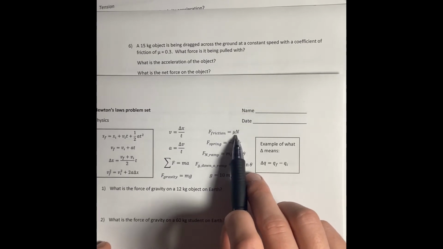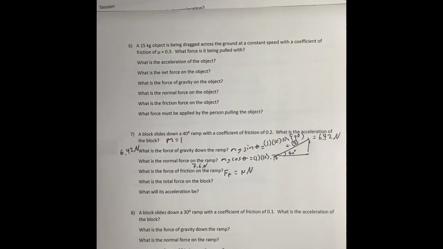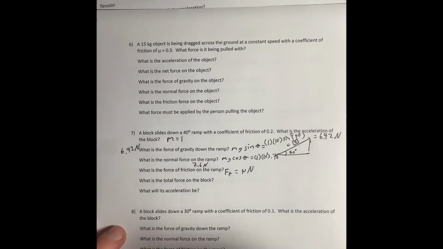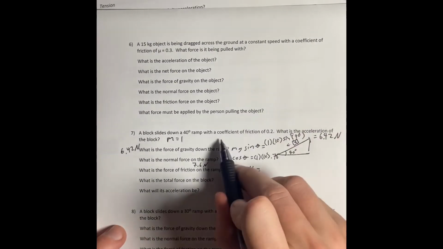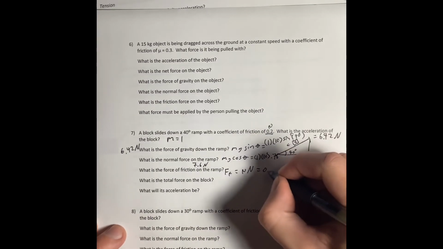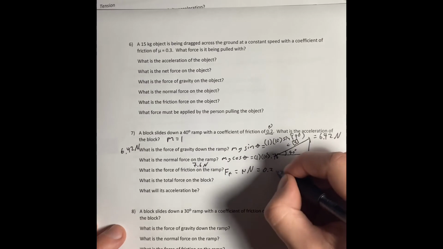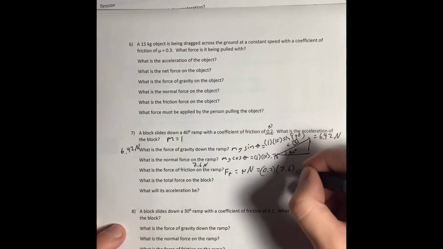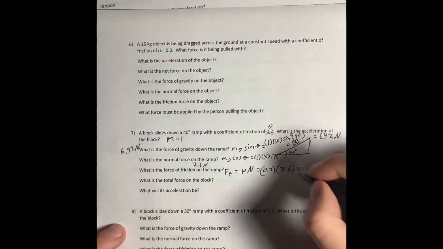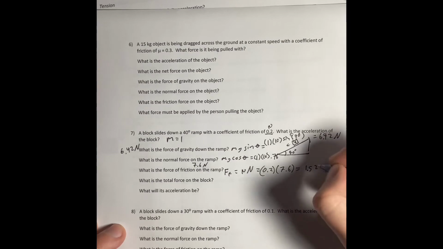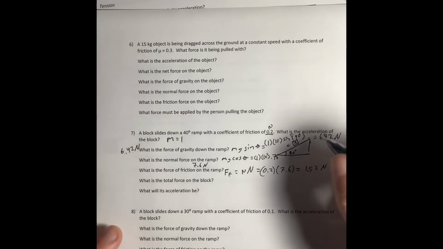So I just take mu, my coefficient of friction, times the normal force. I've already got the normal force, which is 7.6 newtons. Mu is 0.2, so 0.2 times 7.6 would be 152 with the decimal point there, so 1.52 newtons.